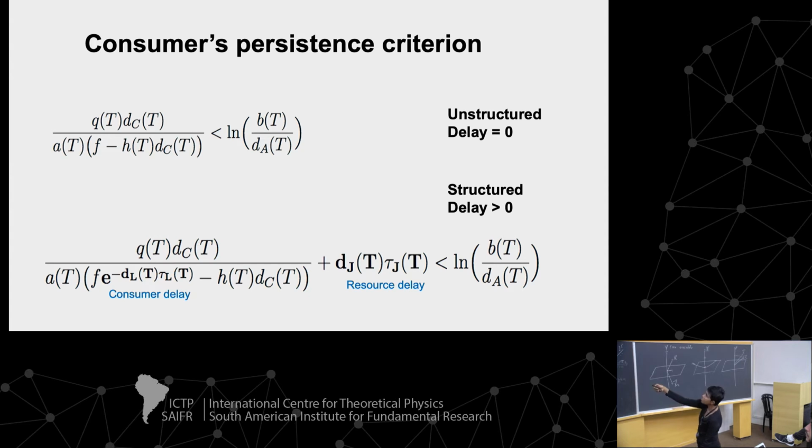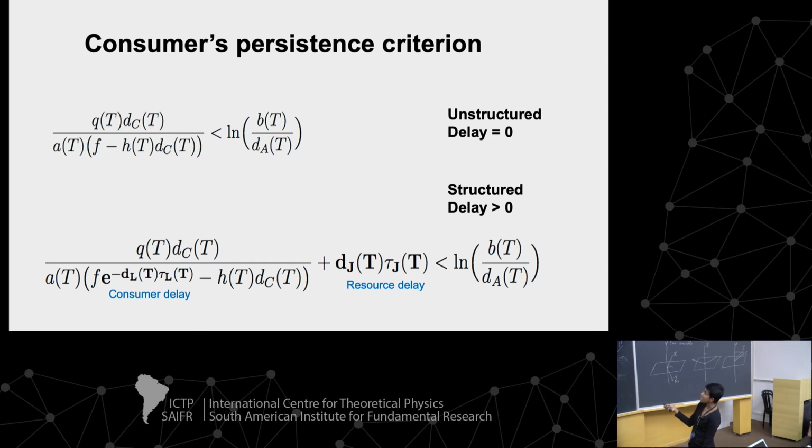Notice that in the unstructured model, the consumer's persistence depends on the resource species birth and death rates, the resource self-limitation, the consumer's death rate, and the consumer's functional response parameters, exactly what you would expect, which is what we had before in the models I talked about.